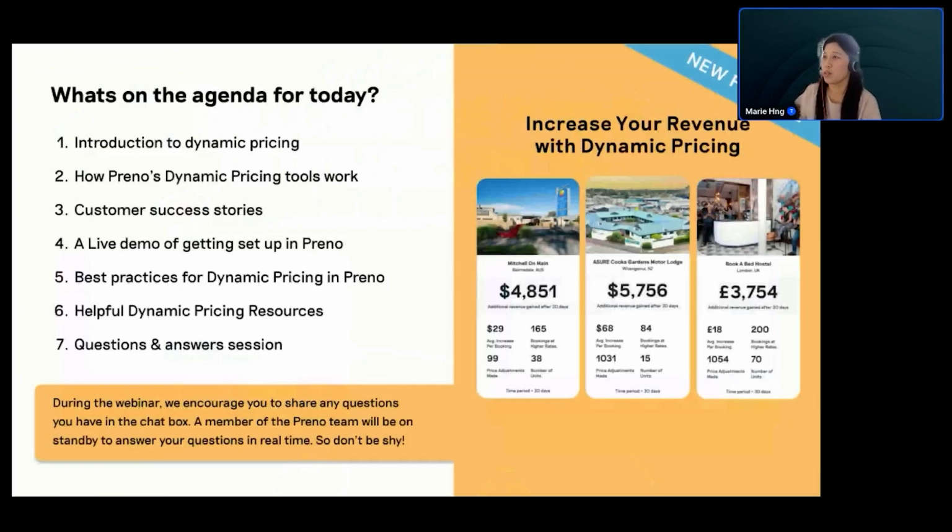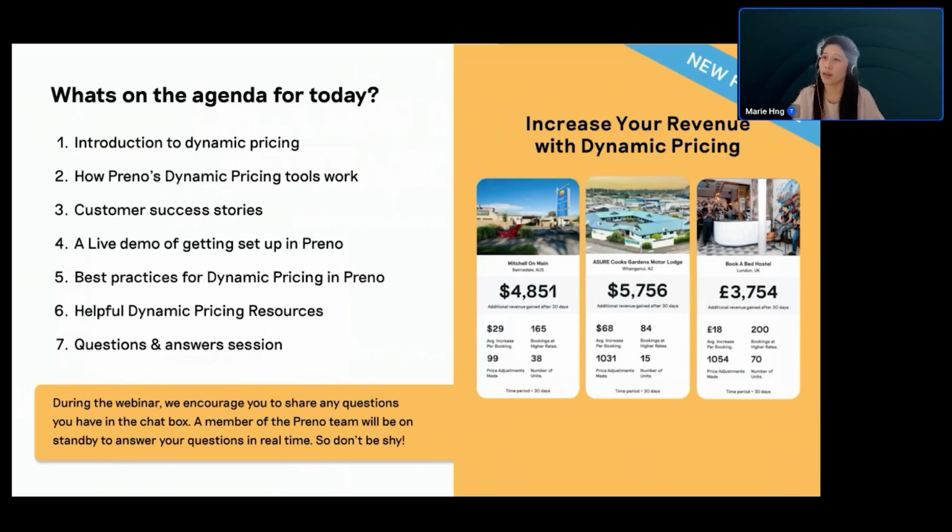Now, what we'll be going through today, obviously we're going to introduce you to dynamic pricing, and then we'll move on to how the tools work. We'll go through some examples of our actual customers who have set the dynamic pricing up and their success stories.